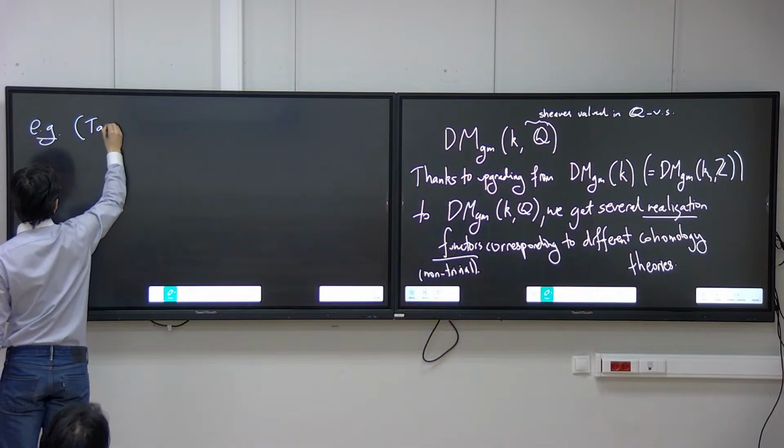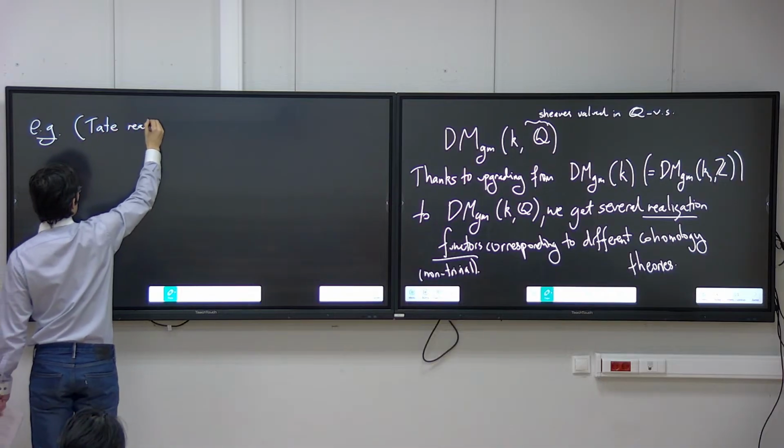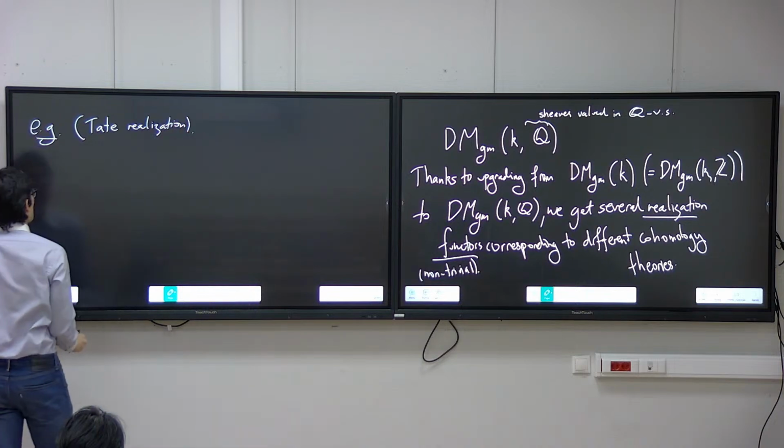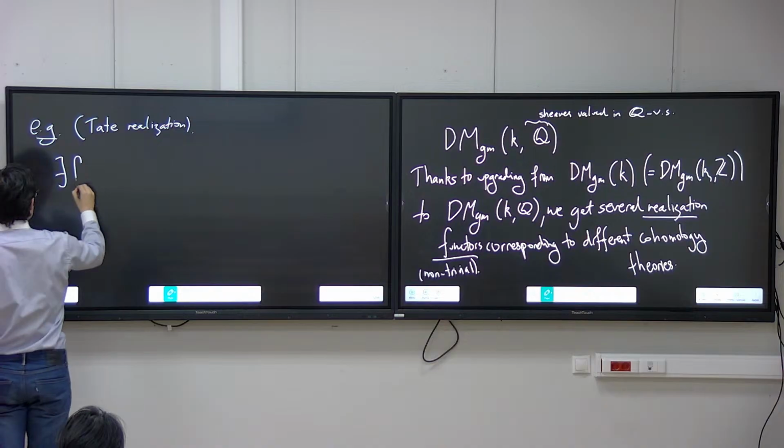Take l-adic realization. So there exists a functor.